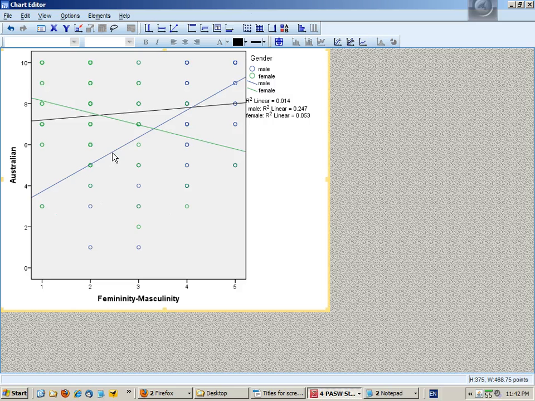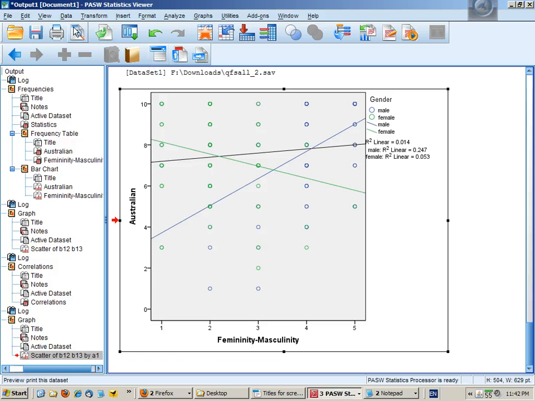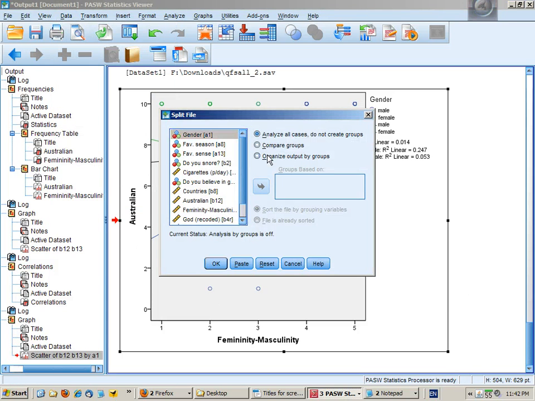And as we can see, the relationship for males is positive, whilst the relationship for females is negative between gender role and Australianness.